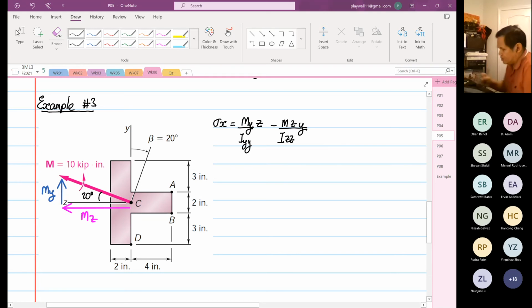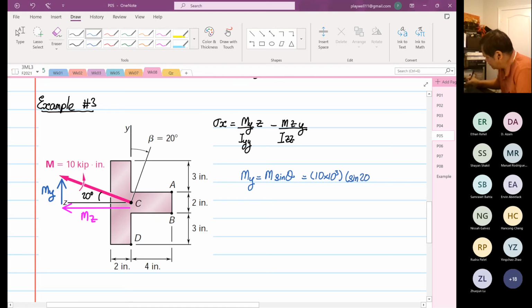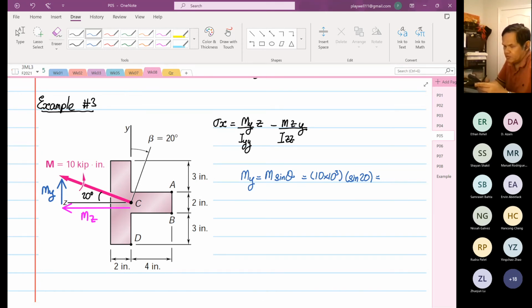So we find our My, which is equal to M sine theta. Some of you will already know that this is really easy. 10 times 10 to the power 3 multiplied by sine 20 is equal to 3.42 times 10 to the power 3.